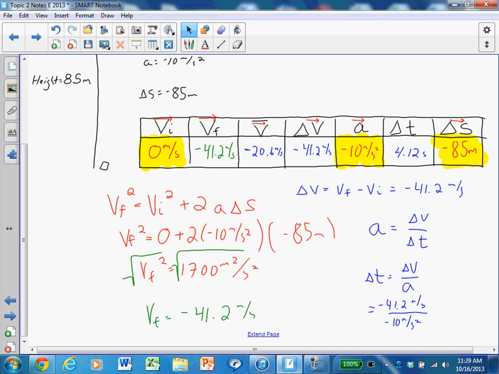Sometimes. If you end a velocity here, it might be your initial velocity there. So stuff like that you can do.